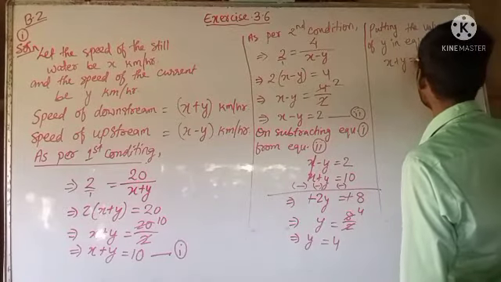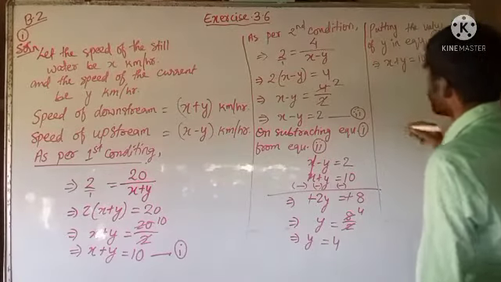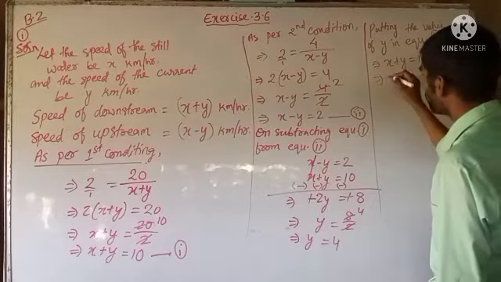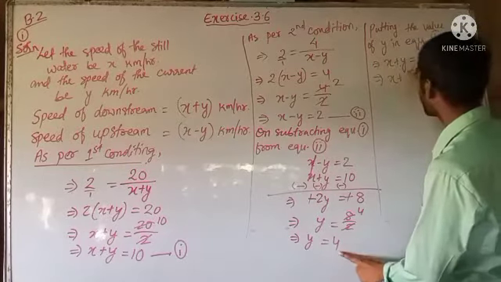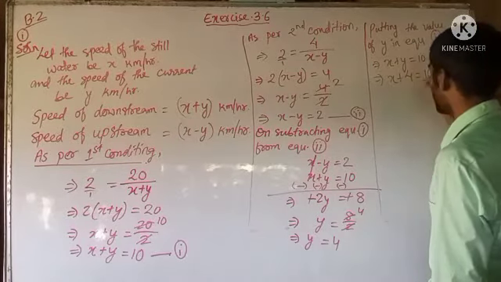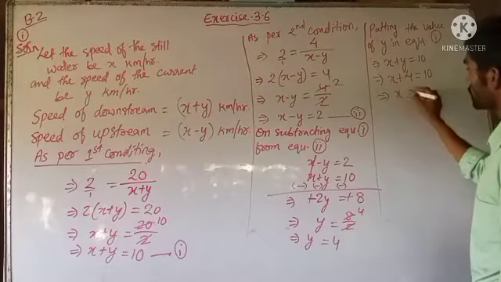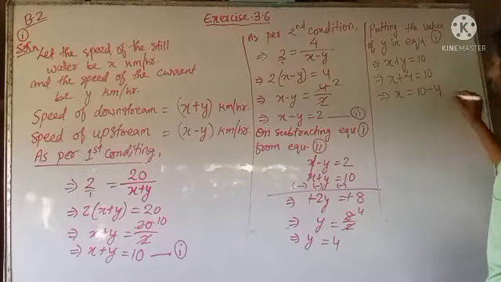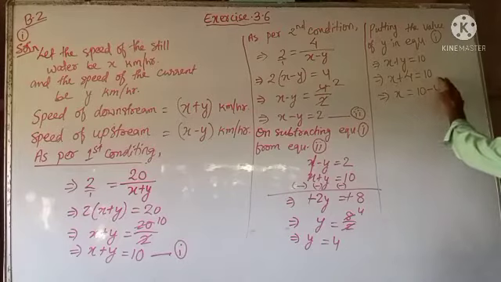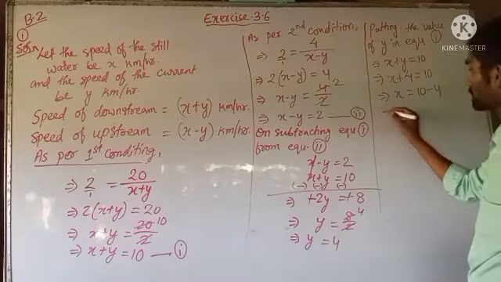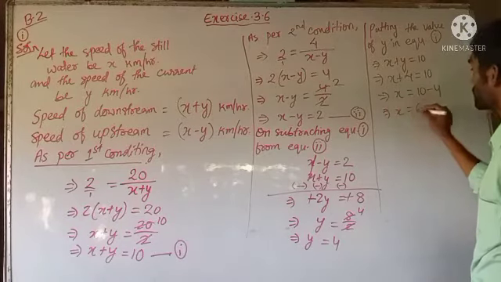Now x we don't know, y we got the value, that is 4, is equal to 10. So x is equal to 10 minus 4. Plus 4 we are transferring to the other side, it will change into minus 4. So x is equal to 6.